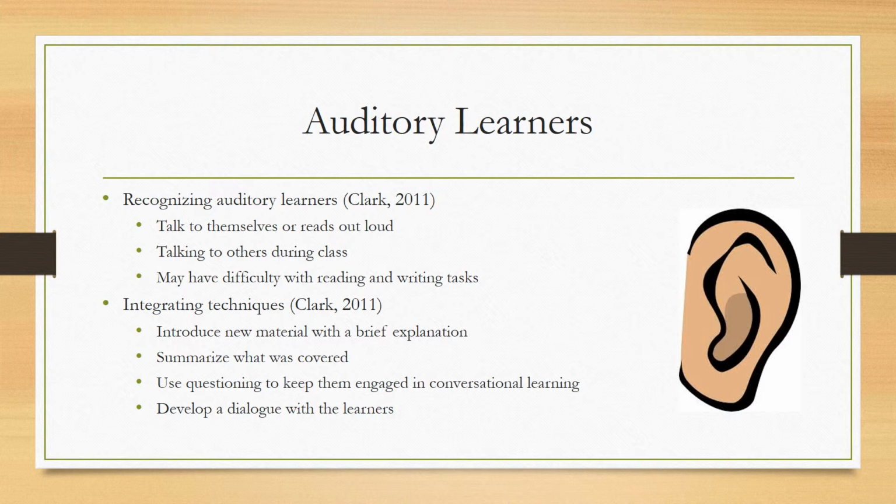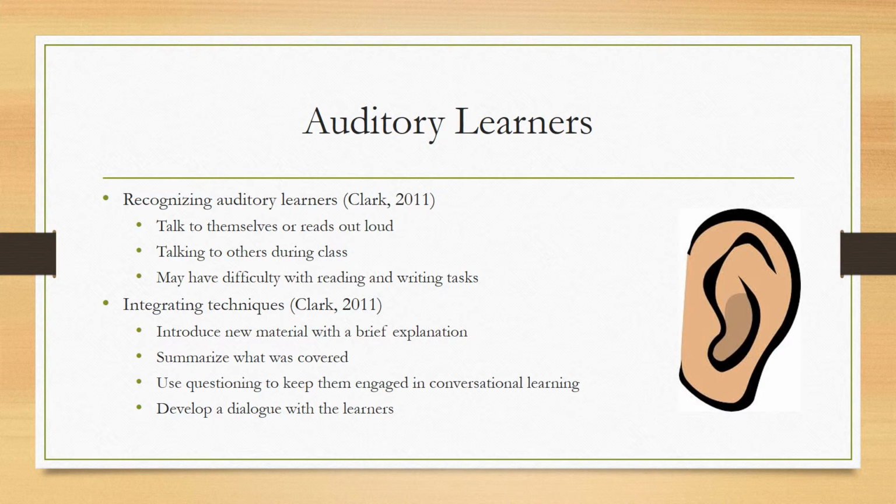A few ways to integrate this style into the learning environment are: begin new material with a brief explanation of what is coming. Conclude with a summary of what has been covered. This is the old adage of tell them what they're going to learn, teach them something, and then tell them what they have learned. Use questioning to draw information from them and then tell them the remainder of that information, just to fill in the gaps.